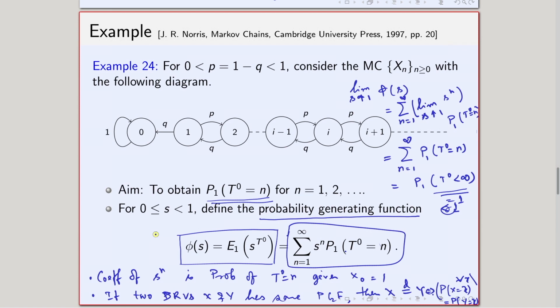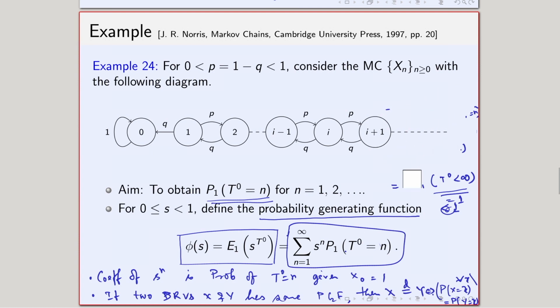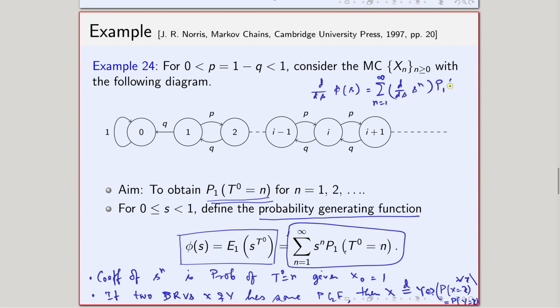Finally, one more point: if I take the derivative of phi with respect to s, again assuming the derivative can be taken inside the summation, it turns out to be the summation from n equals 1 to infinity of n s^(n-1) times P1(T0 = n).